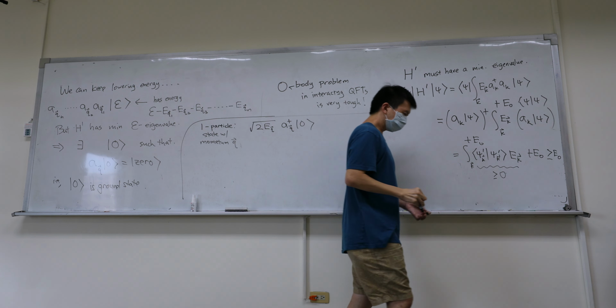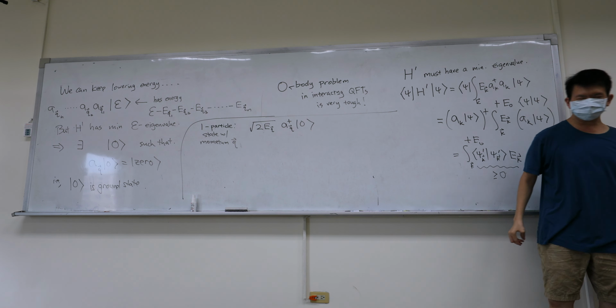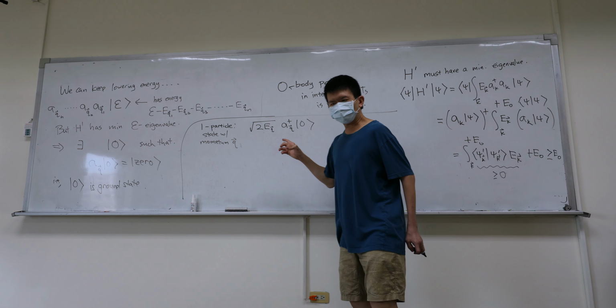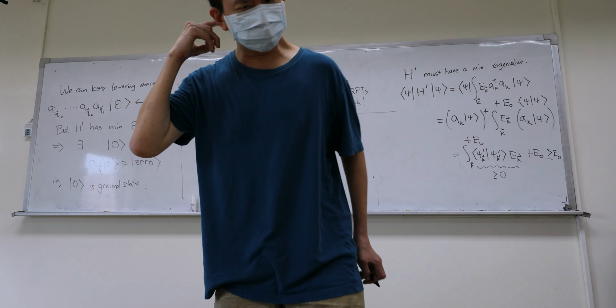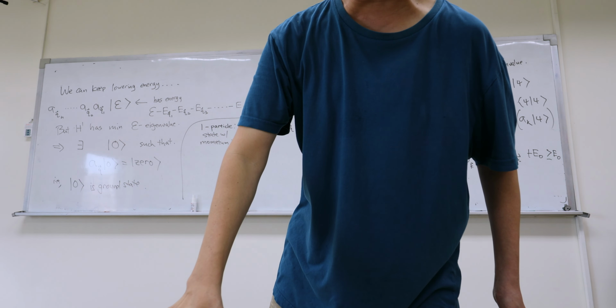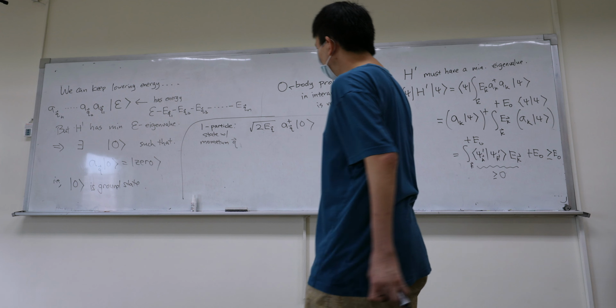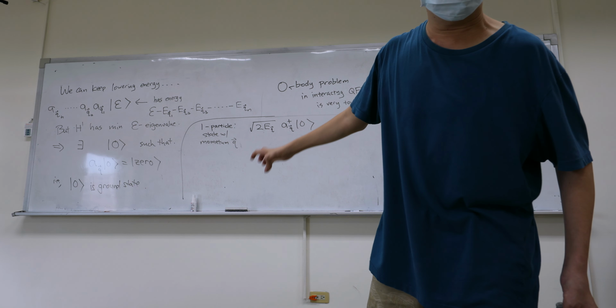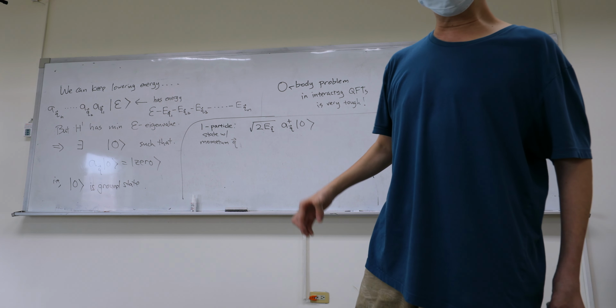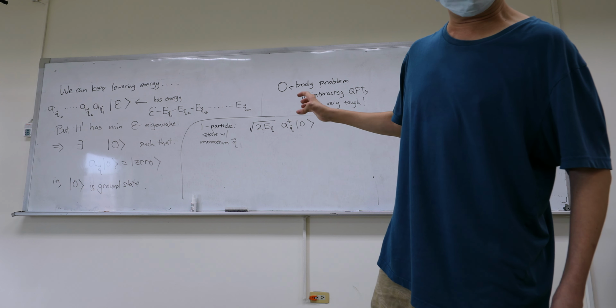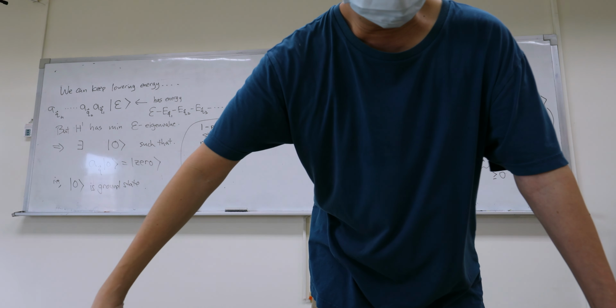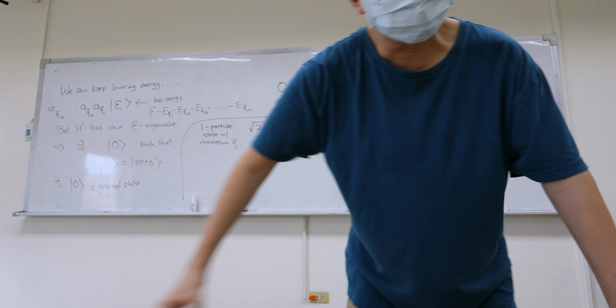By the way, we're doing a real scalar, so the particles and the antiparticles are the same. That's why I don't have to worry about it at this level. But later on, when we do the Dirac equation, I'll try to elaborate on that point a little bit more.